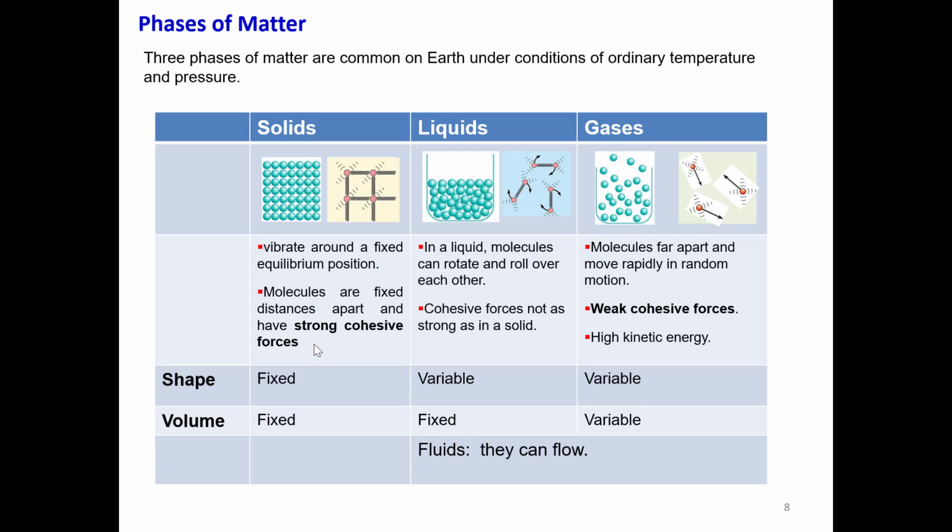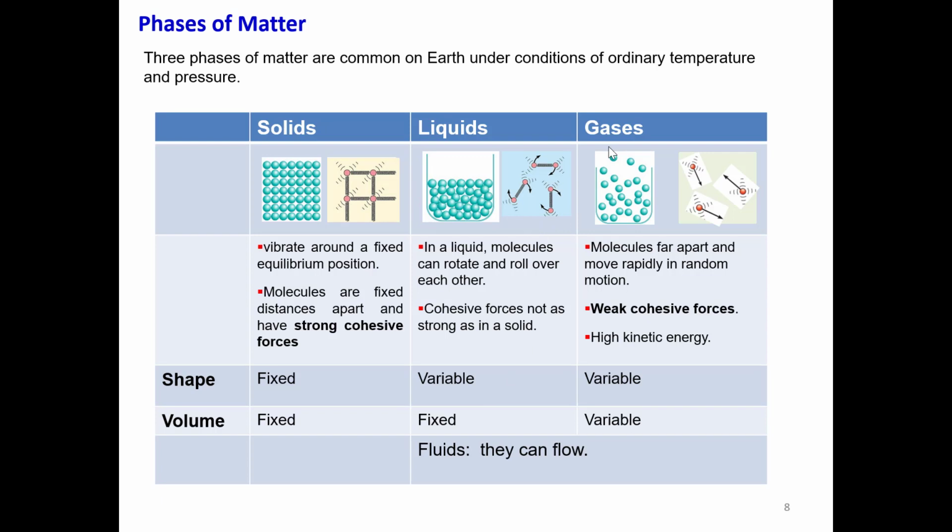In this case, the cohesive forces are not as strong as in solids, because the molecules can move a little more. This is why the shape is variable, but the volume is fixed.